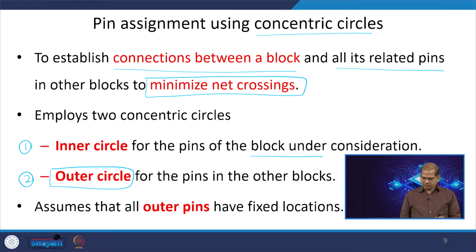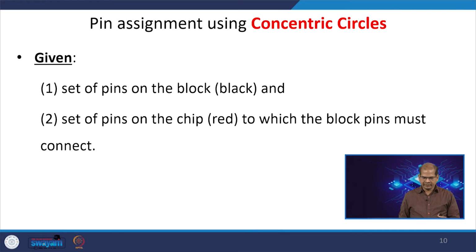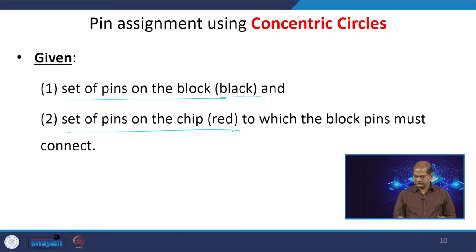Assume all the outer pins are at fixed locations, because the outer pins are already fixed. So, how can we do the pin assignment here? I have a set of pins, which are black, and a set of pins on the chip, which are red, which the block pins must connect to. This black pin should be connected to the red pins.